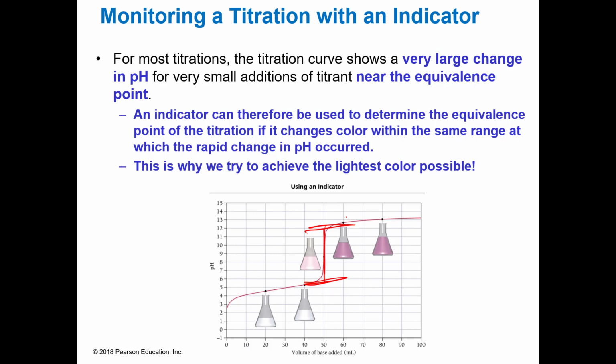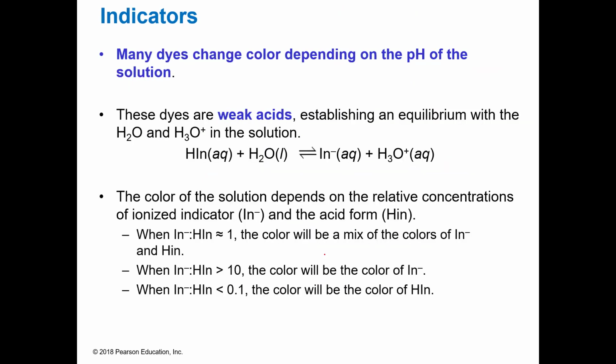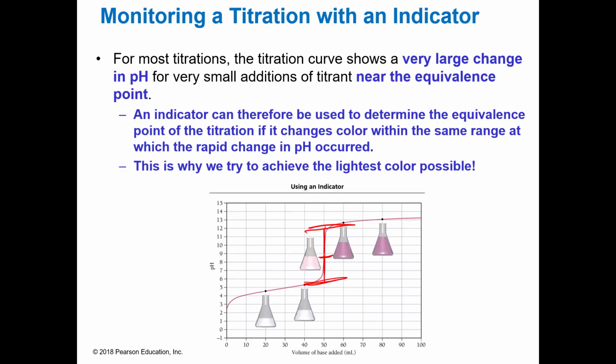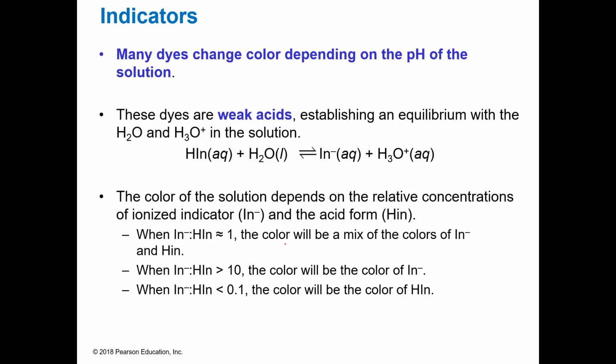In this case, we're looking for one that's a little on the basic side, because it looks like our equivalence is expected to be around 8.5. You also want to achieve the lightest color possible, because the lighter the color, the closer you're going to be to that actual change. If you get it really, really pink, then you've already gone past that and you're well into the basic side.